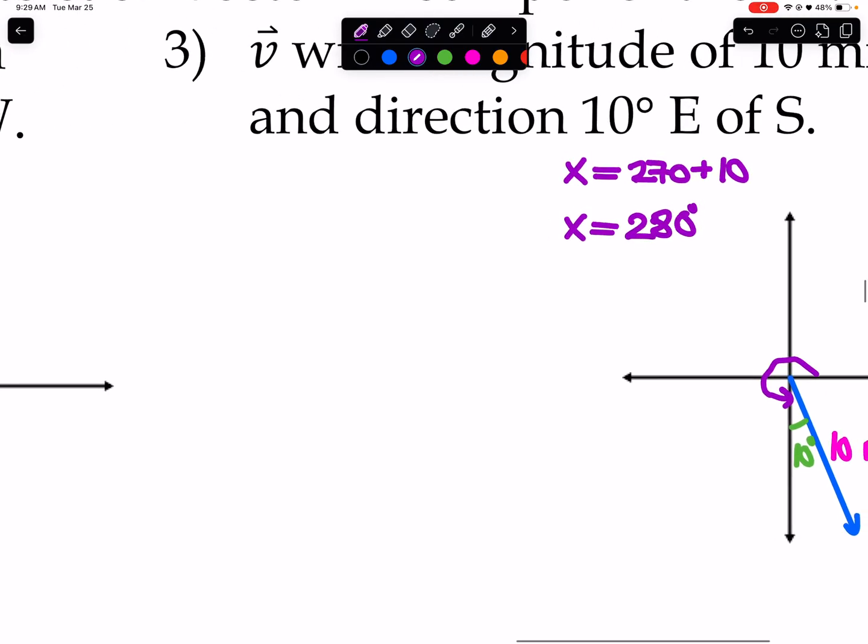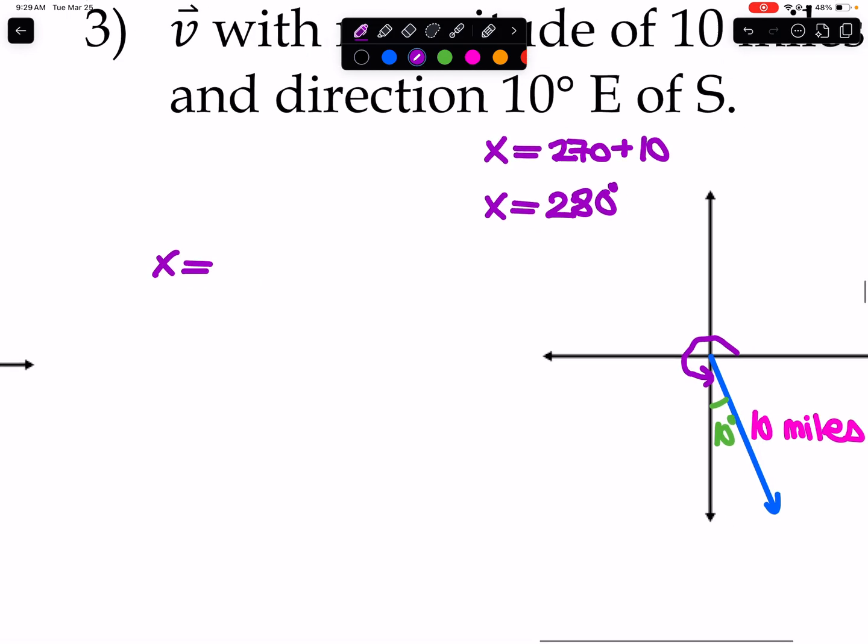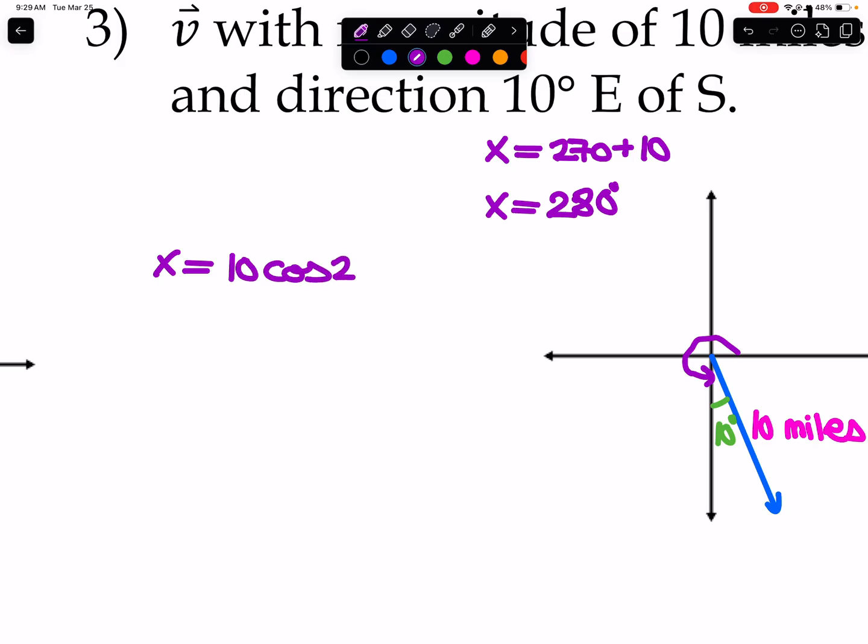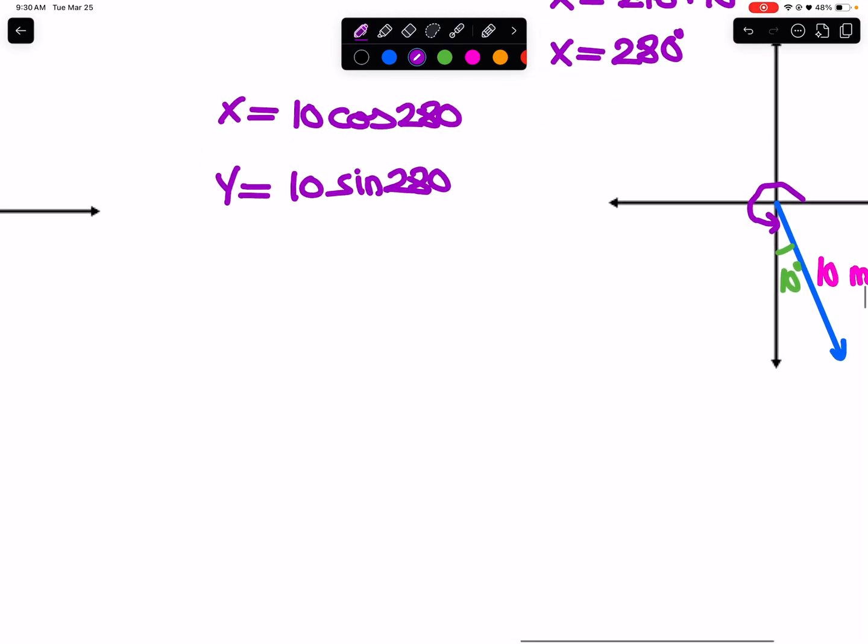When I write my component form, we're going to do the magnitude, then cosine of 280, and my y value will be 10 sine of 280. So in exact form for component form, we're going to have 10 cosine 280, comma, 10 sine 280.